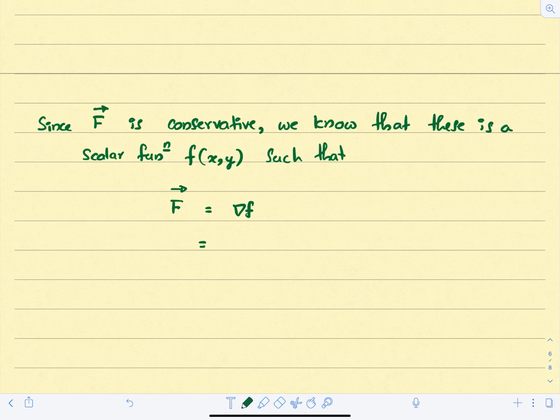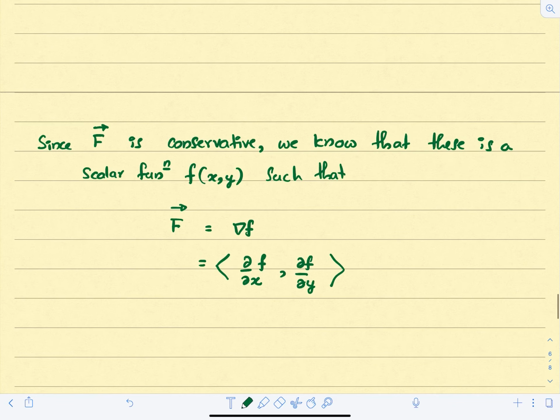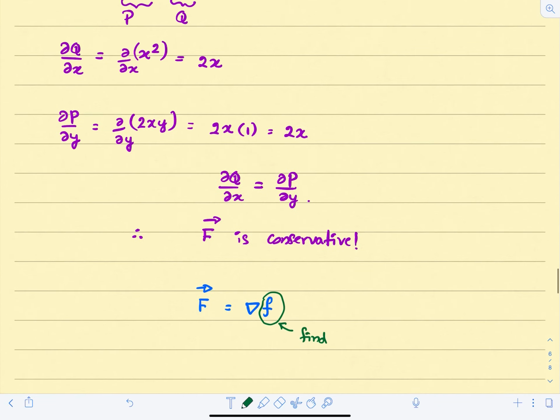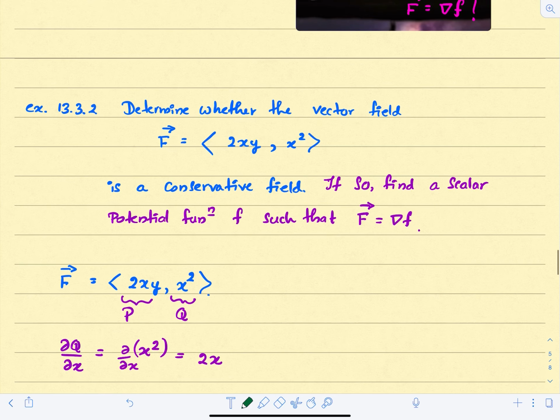But what is the gradient of little f? The gradient of little f equals partial f over partial x and partial f over partial y. Okay, so now what was our original f? Our original f is this.